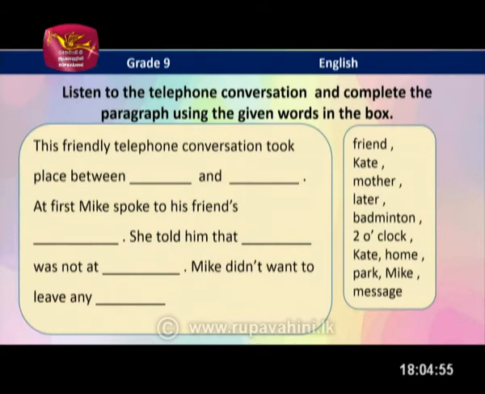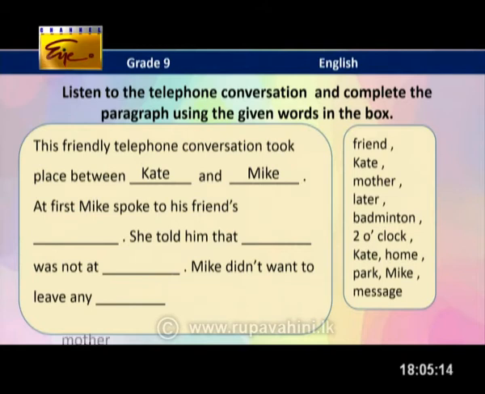So this friendly telephone conversation took place between, can you remember, children? Yes, Kate and Mike. Miss Vatsala, can you remember? Yes. Okay. At first, Mike spoke to his friend's mother. She told him that Kate was not at home.